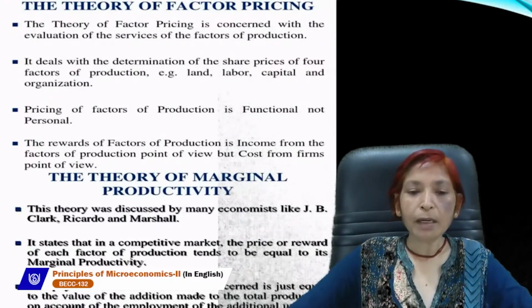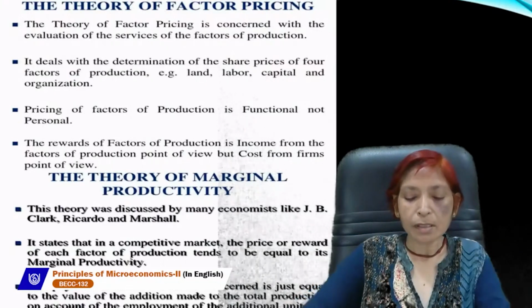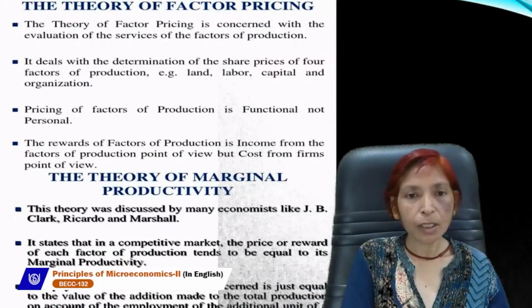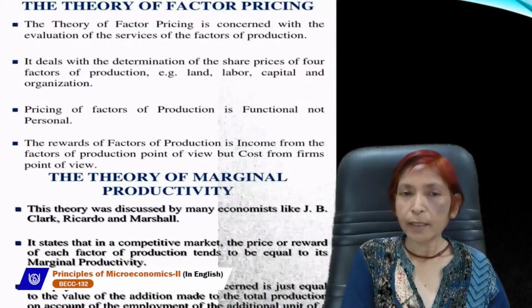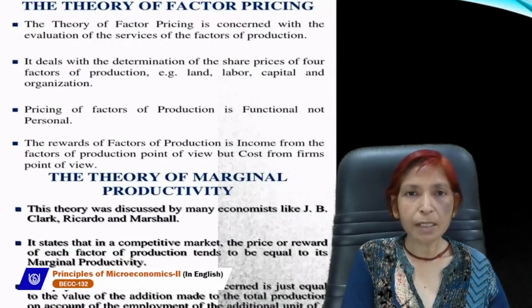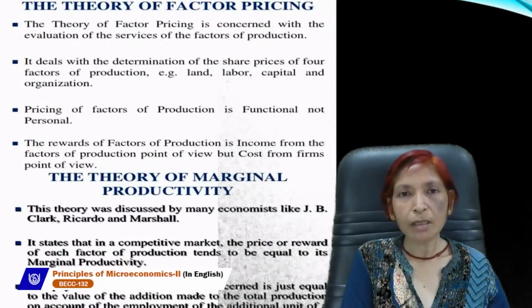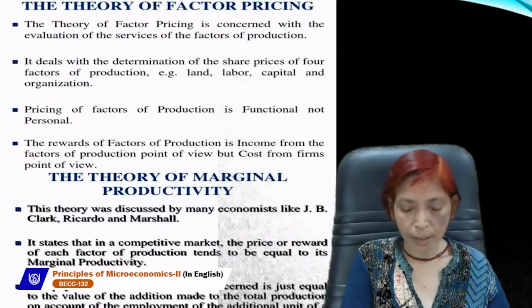J.B. Clark was the great economist who gave this marginal productivity theory. And this theory tells us how factor price can be determined with the help of the factor contribution in marginal productivity.